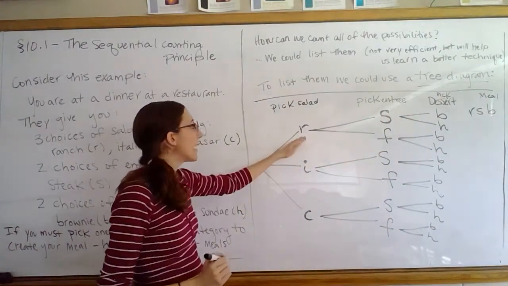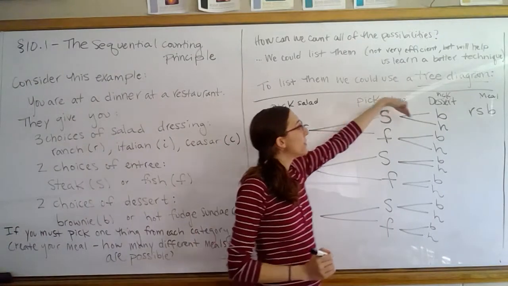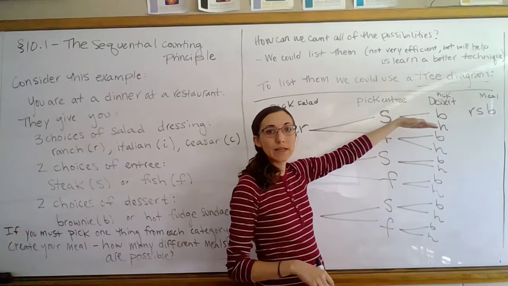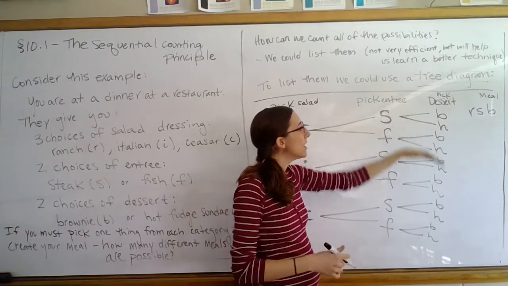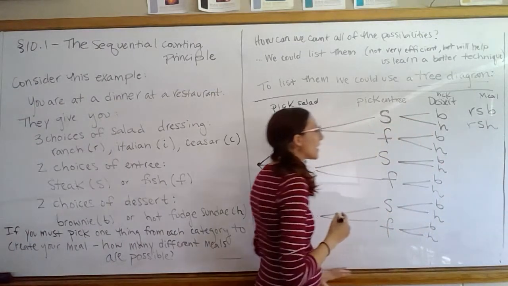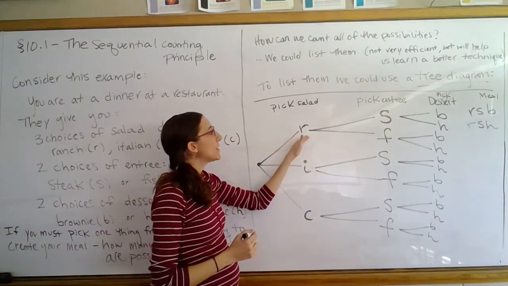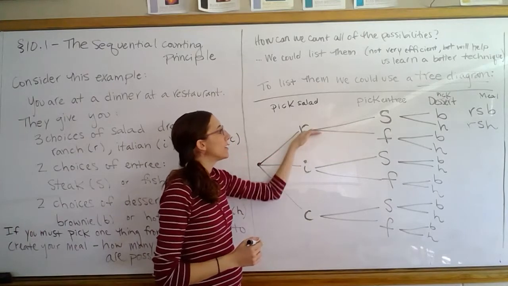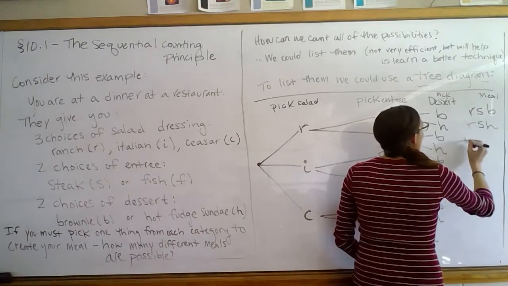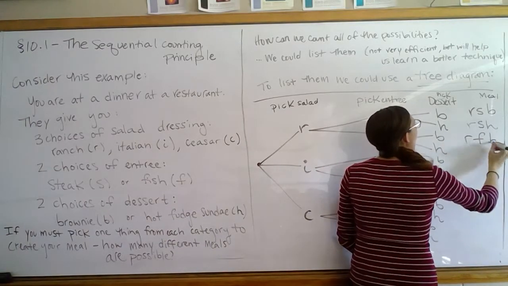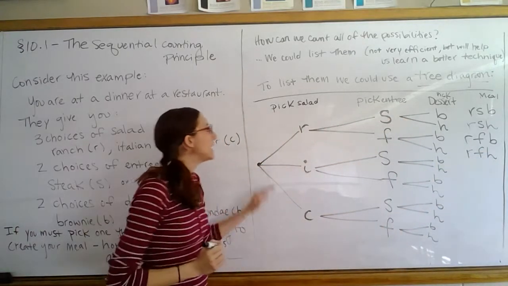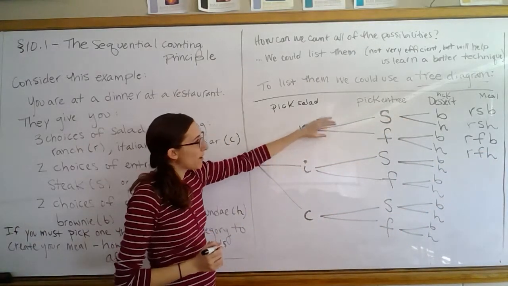Whereas if I went ranch, steak, but then down to the second branch in that last column, then I did ranch steak with hot fudge. Now, instead of choosing steak with ranch, I could have gone down this lower branch and done ranch fish brownie. So I could have done ranch fish with a brownie or ranch fish with a hot fudge sundae. And notice that's all of the branches that came off of ranch.